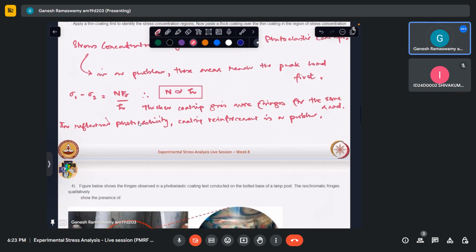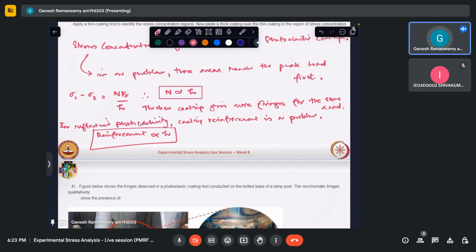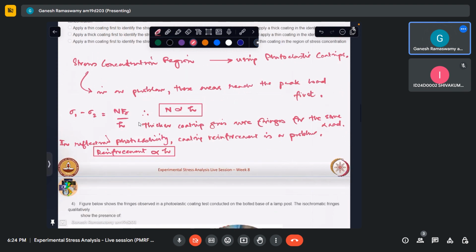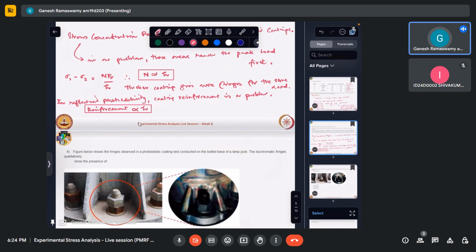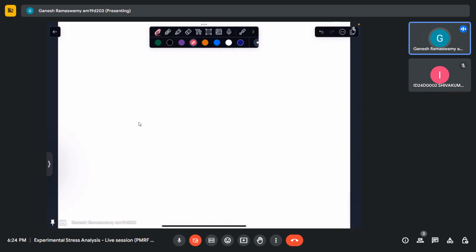So reinforcement is also directly proportional to the thickness. And reinforcement is something that we do not want. So in order to hit a middle ground between these, we have to look for some other via media to go about addressing such problems with stress concentrations.